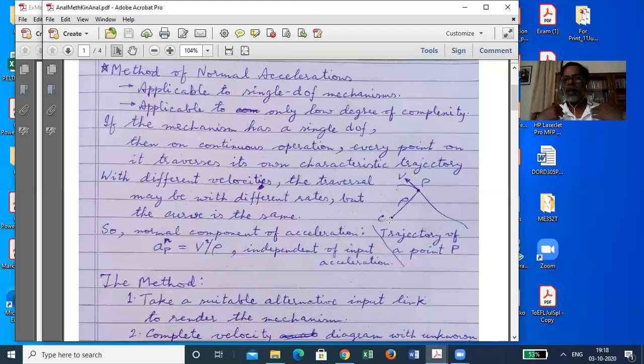Known means maybe you and I don't know, but it is determinate, it is fixed. It cannot go to some other curve. It has its own characteristic curve, and that got settled the moment the mechanism was assembled. So we don't know the curve, but whatever is the curve, that is fixed.